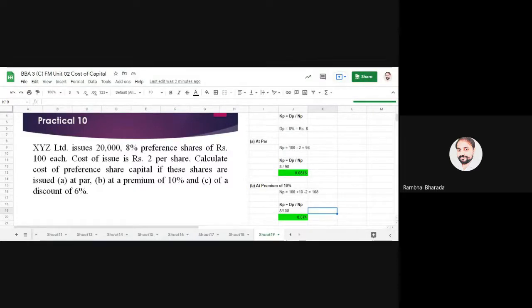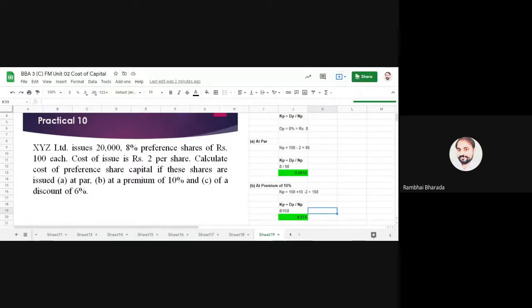Out of these 8 types of preferences, for 7 types this formula remains the same. If it is 8% convertible, 8% participative, 8% cumulative preference, it doesn't matter to us except only one, and that is redeemable.